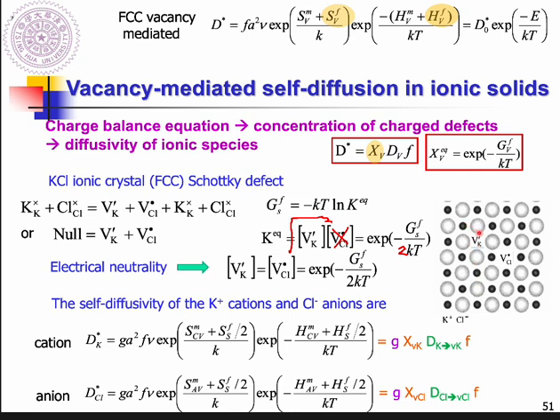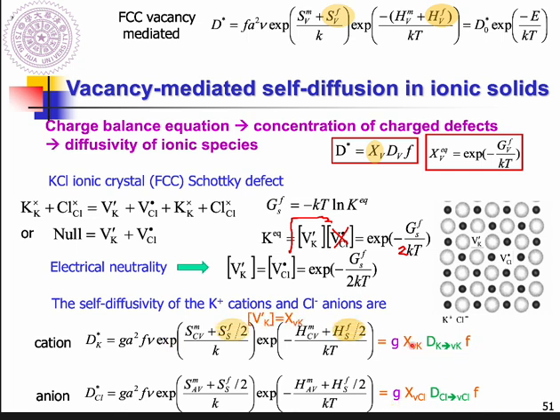So it's a potassium jumping into a vacancy at the potassium side. And for chloride, the same: the fraction of vacancies at the chloride side determines the DCl, and this chloride jumps into a vacancy at the chloride side. So basically, as long as you write this down, you just fill out each term.